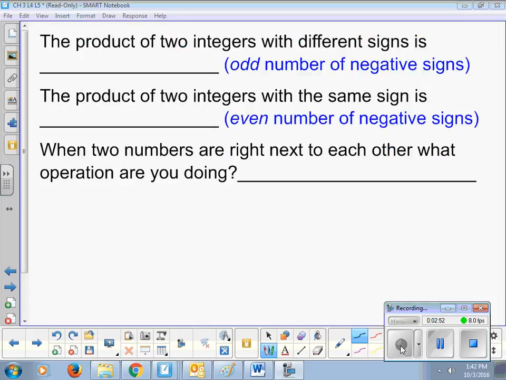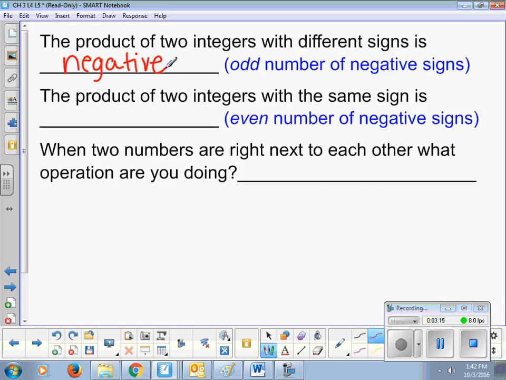The product of two integers with different signs is going to be negative. So if you have an odd number of negative signs, your answer is negative. Or if you're multiplying two numbers that have different signs, your answer is going to be negative.